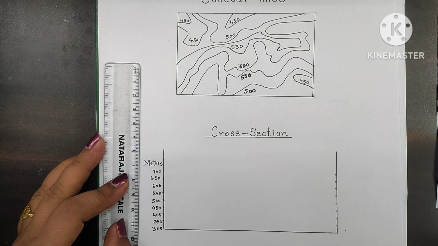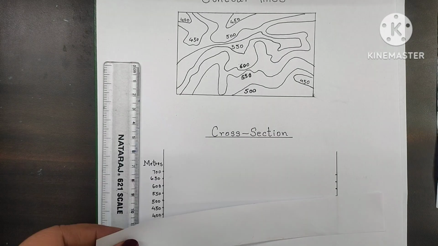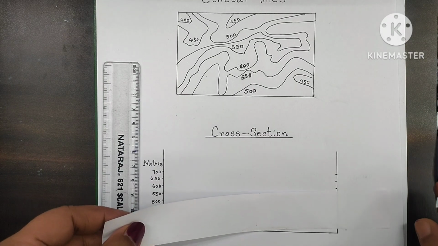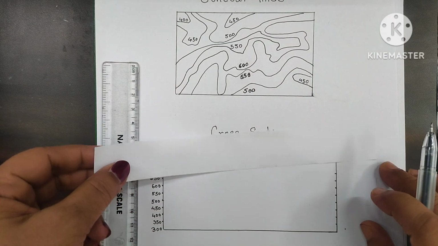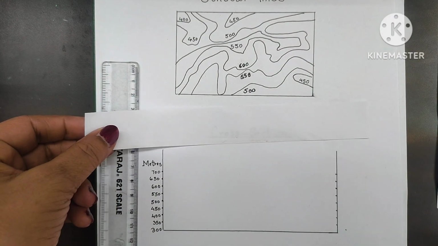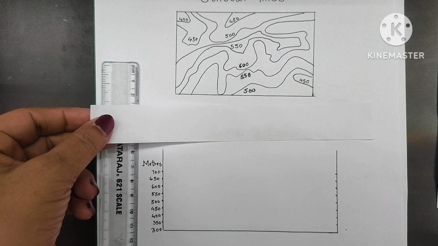At an equal distance of 0.5 centimeter, we mark the heights. Now we take a strip of paper and place it along the section of the contour map and mark the dots where the section line cuts the contour.